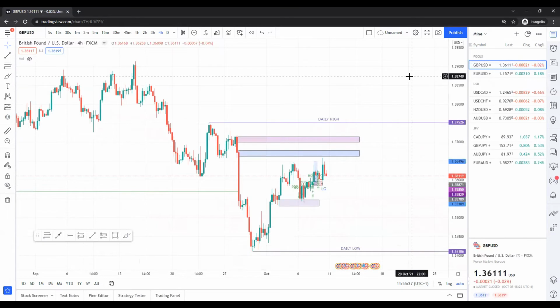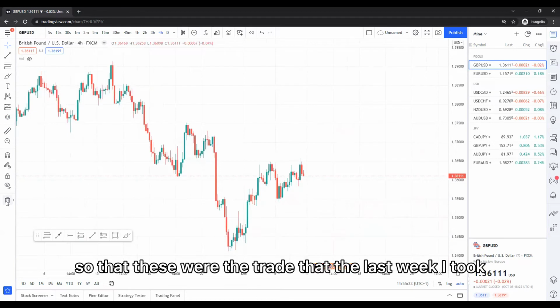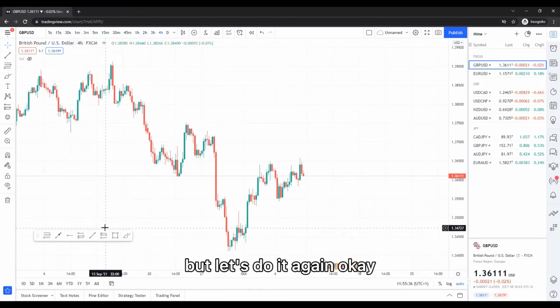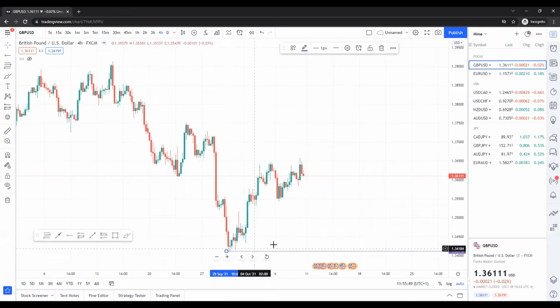Now the pound US dollar. Let's mark it freshly. These were the trades that I took last week, but let's do it again. So let's say this is your daily low.